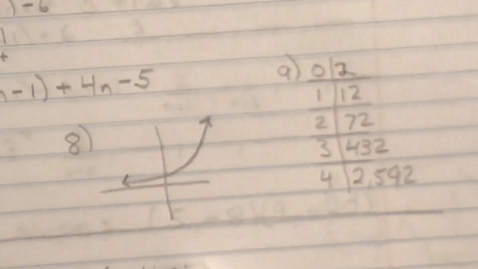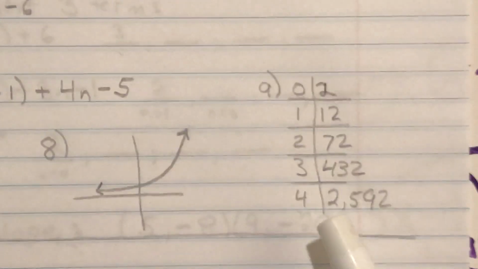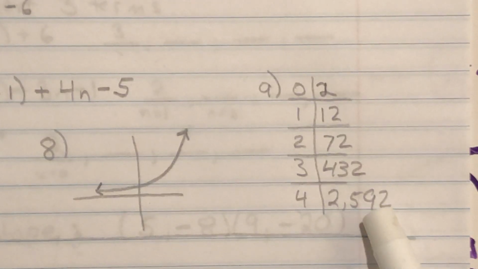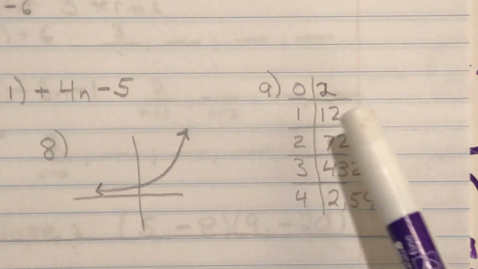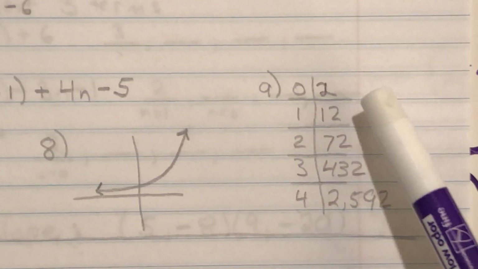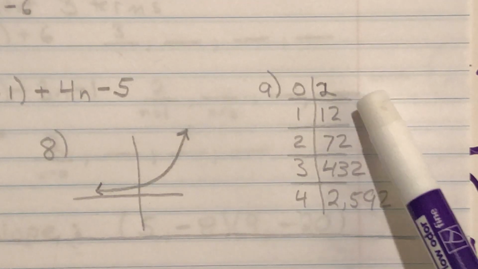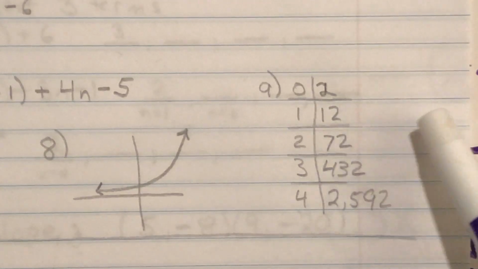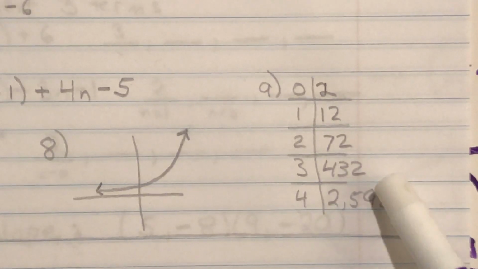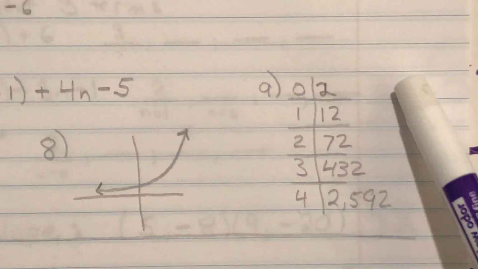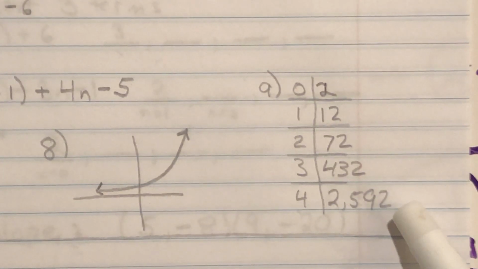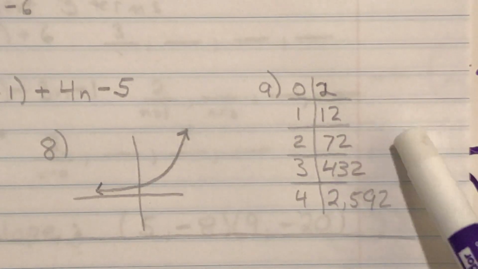You can also have an exponential that's an always decreasing curve. This table of values, we're supposed to also know whether this is linear or quadratic or exponential. So what we want to look at is a couple ways to do this. But let's say you looked at the first differences. If you did, you would have gotten plus 10, plus 60, plus some other really big number, plus some other really big number. And the second differences wouldn't have been equal either.